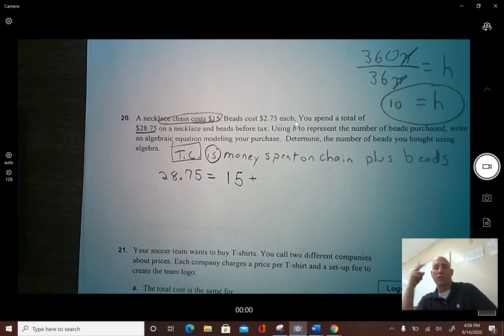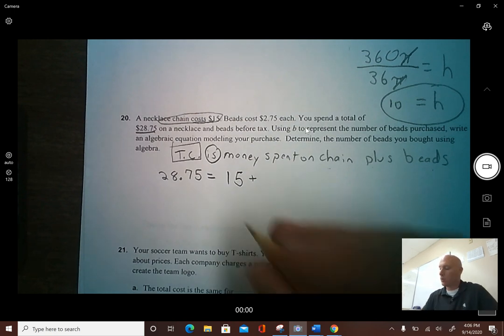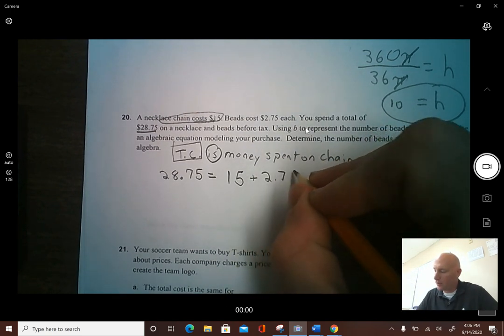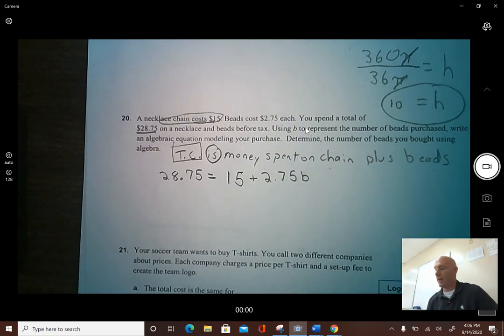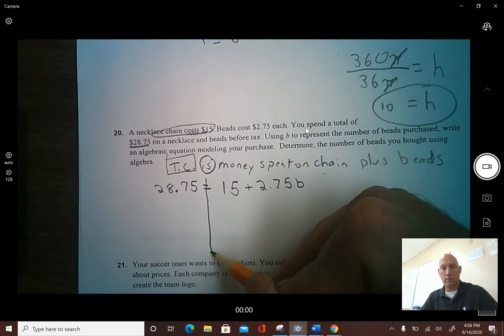So what you should think is $2.75 per bead. To know the actual amount you spent on beads, it's $2.75 times the number of beads. We don't know the number of beads. We're going to leave that as B. So it becomes 2.75 B.